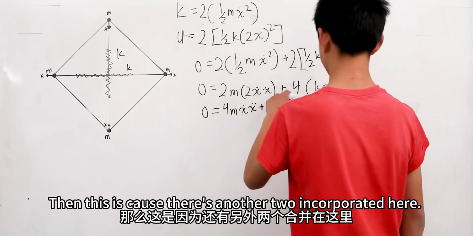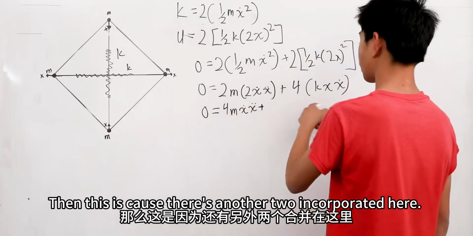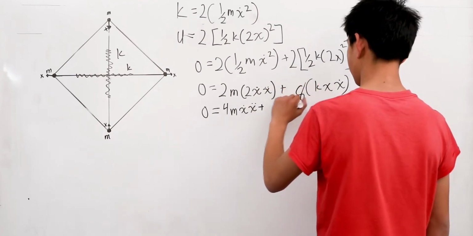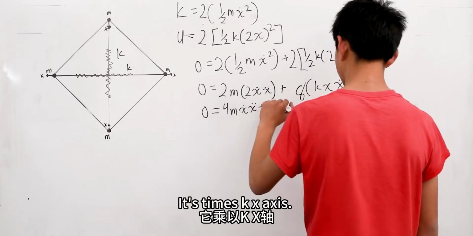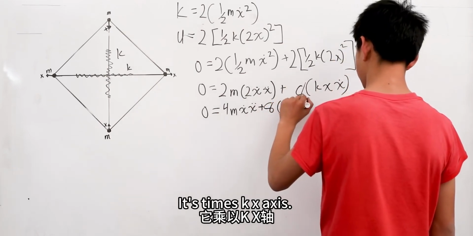And then, because there's another 2 incorporated here, this coefficient is 8. So 8 times k times x's.